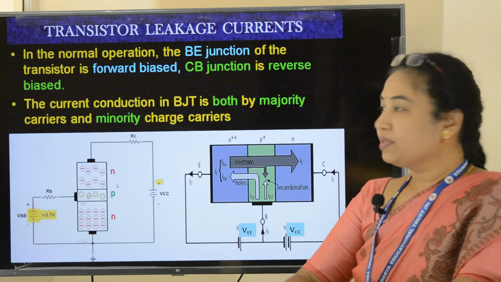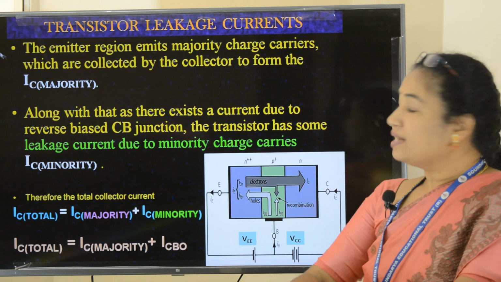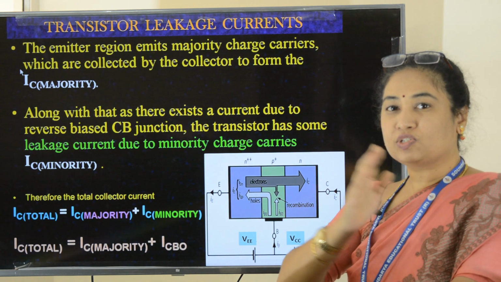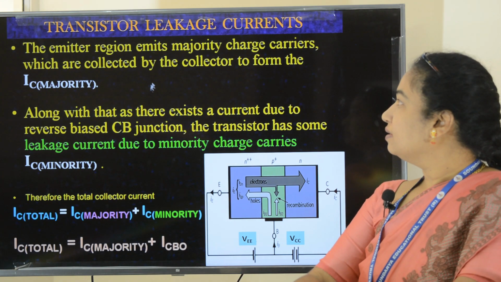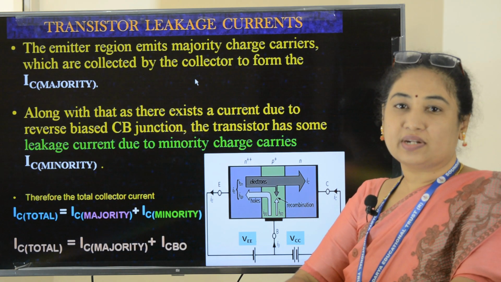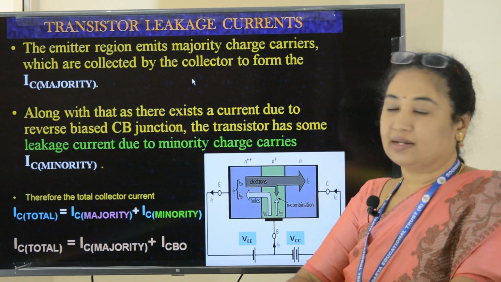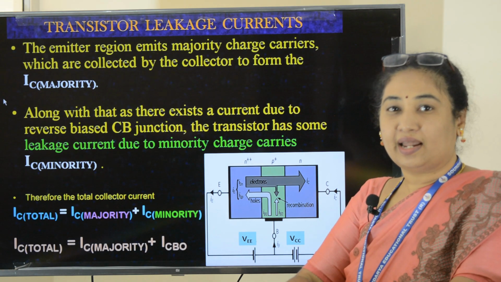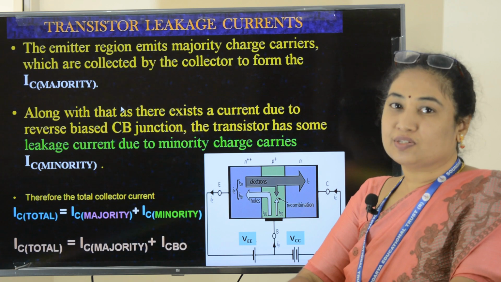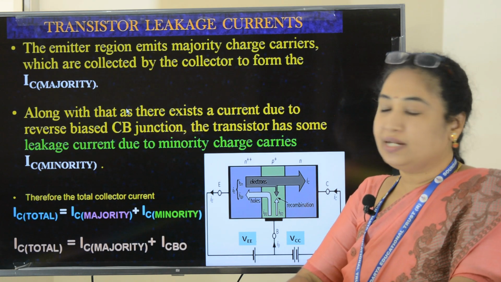Now we shall see some of the concepts of leakage current. As I told you, the emitter junction is forward biased. As a result, most of the charge carriers move from the emitter region towards the collector junction, and this gives rise to a current called the majority current. The current that flows into the collector is called the collector current, which is because of majority charge carriers, and we denote it as IC majority.